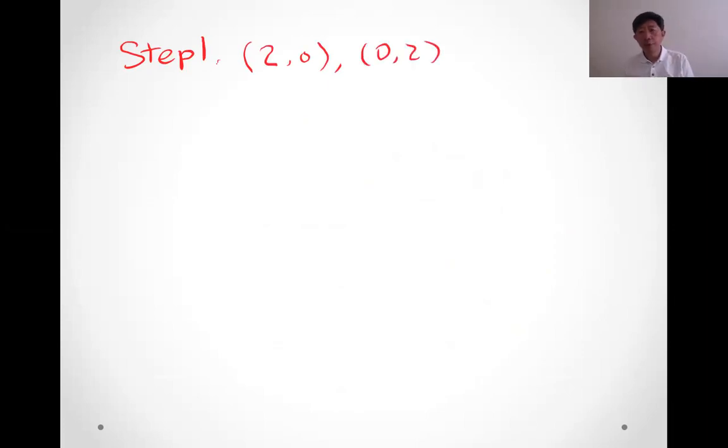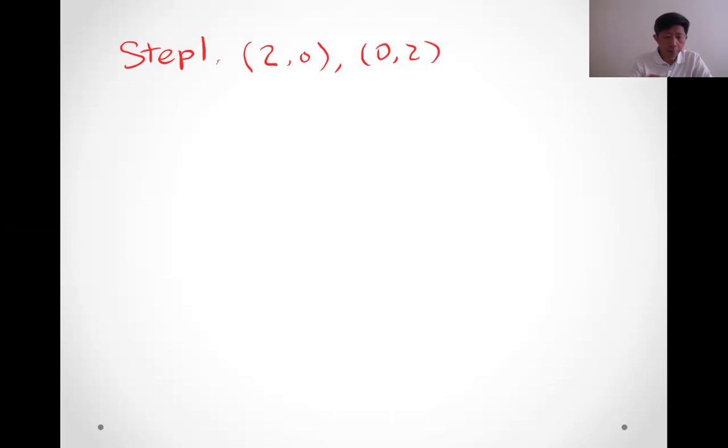Step one, find the slope. I know this equation is passing through 2, 0 and 0, 2, so I have to find the slope.